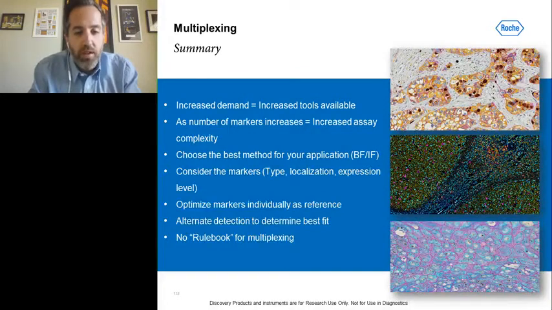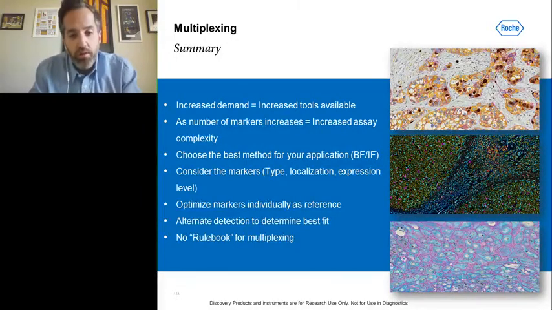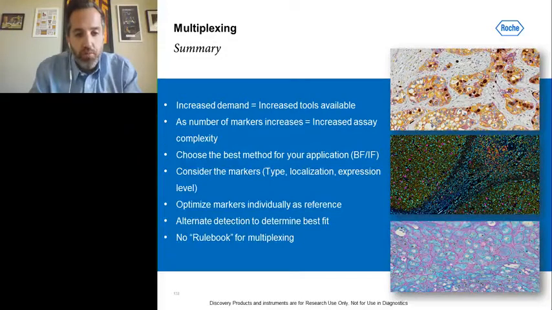As we saw in some of the examples, it's very important to utilize the ability to use the sequences within the software to create the best possible staining combinations. And as I mentioned earlier as well, there isn't really a rule book at the moment for multiplexing.